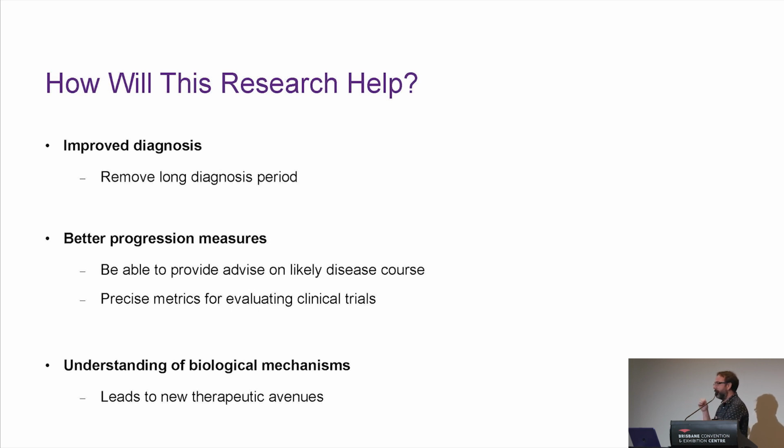The disease progression is different for everyone, and it would be handy to be able to have a marker that would allow us to better predict that. And understanding just the biology of the disease, because the more we understand the biology of the disease, the more potential targets for new therapeutic avenues are found.